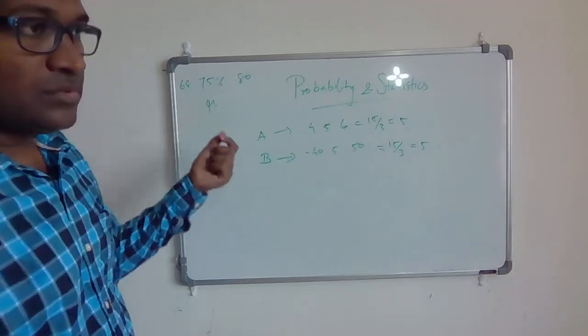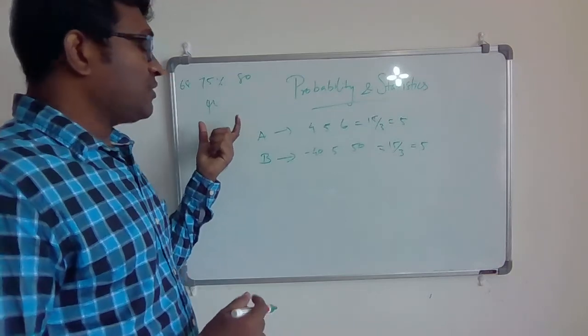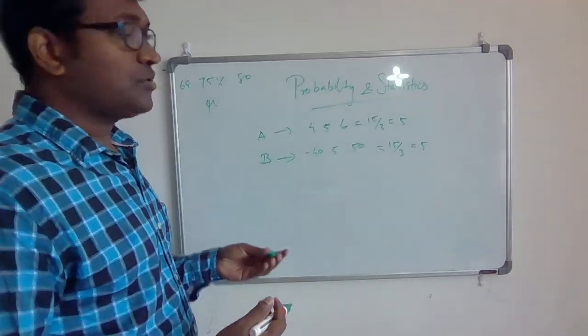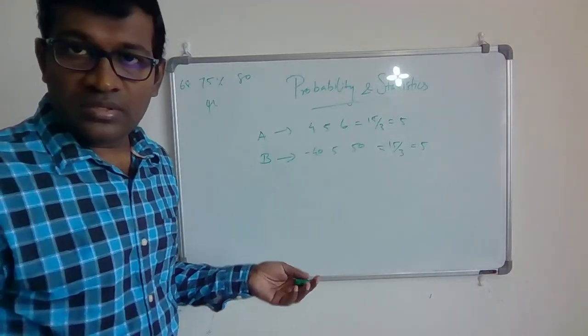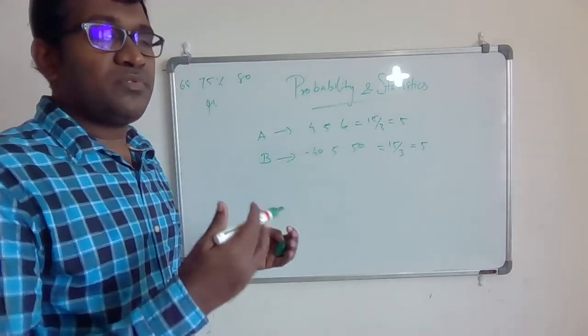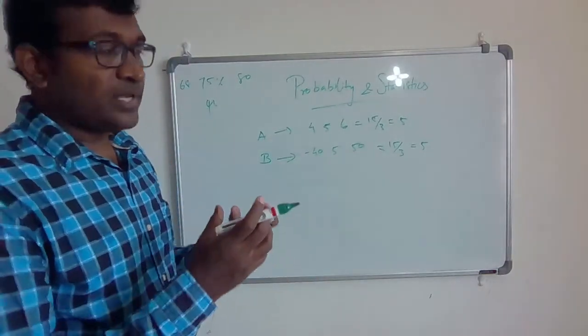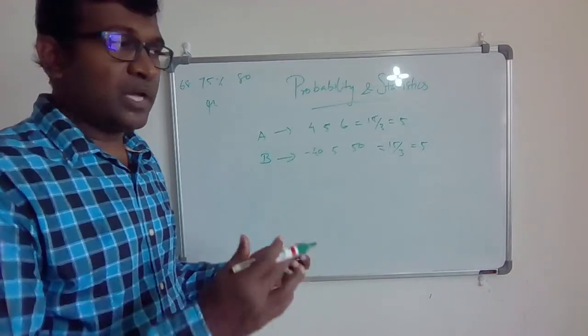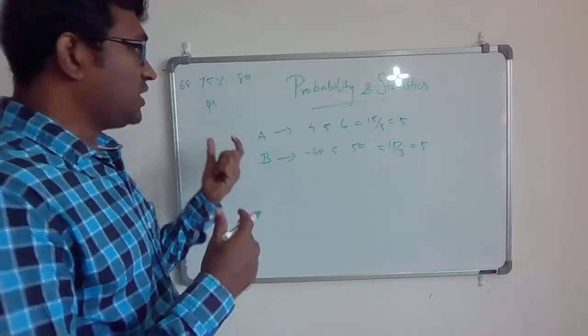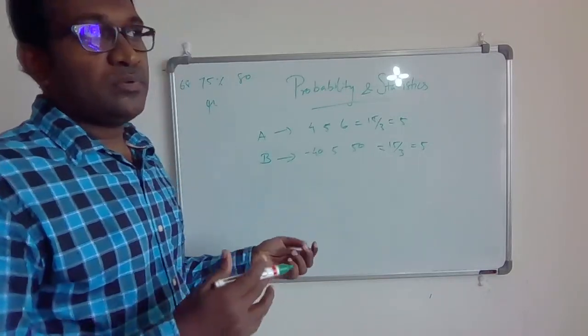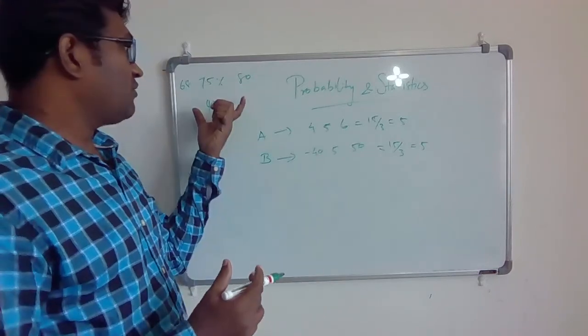Otherwise, if someone asks what your score is, you will have to tell all the marks, and it's difficult to summarize and compare between two people, between student A and B, or between two classes and how they performed. So mean is a good estimate here.